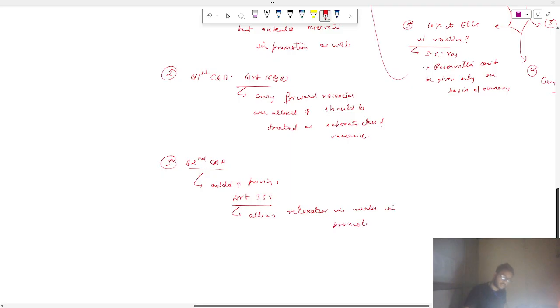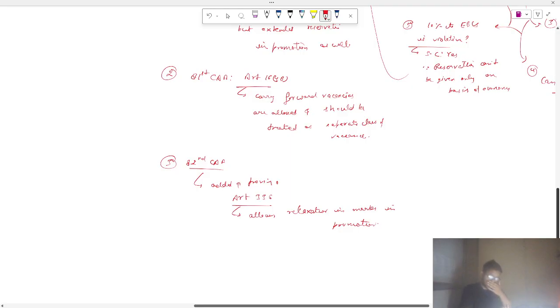So basically, in a government job, if there is any promotion, then relaxation will be provided for the various communities. So these constitutional amendments have been passed by Parliament.